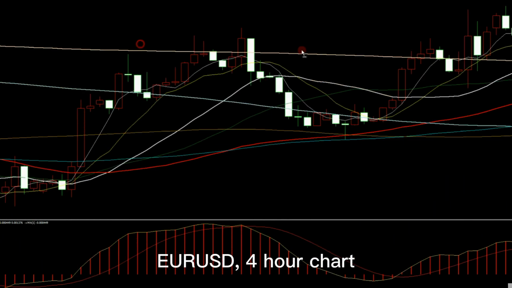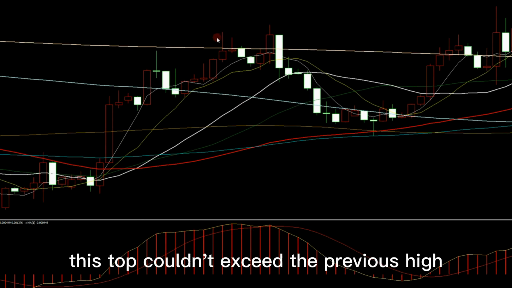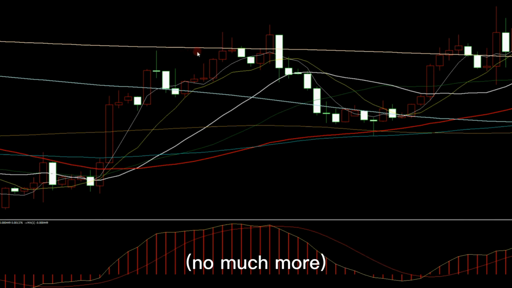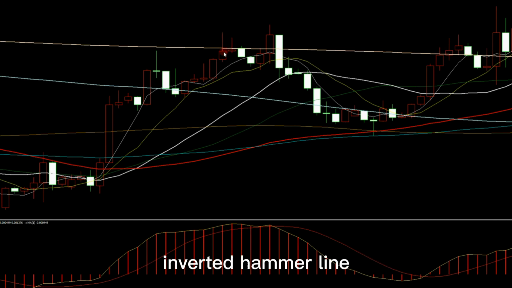This is the EUR/USD 4-hour chart. The price couldn't exceed the previous high. And a combination of bearish candlesticks appears: inverted hammer line, inverted cross line, and inline.